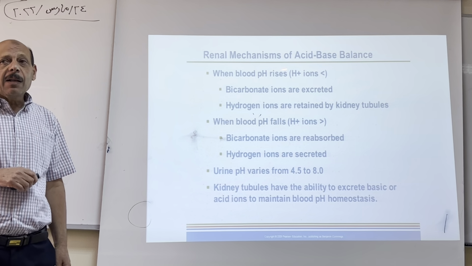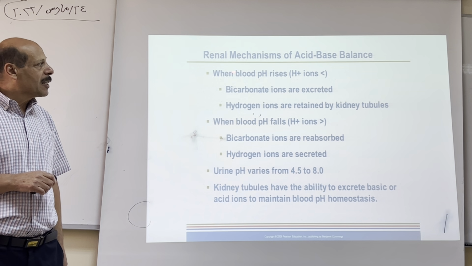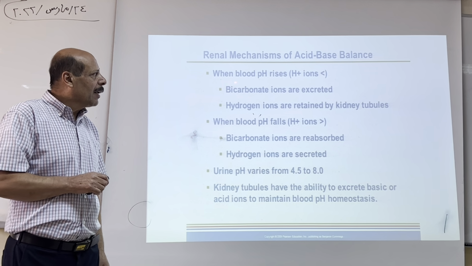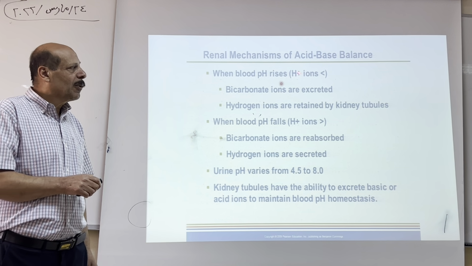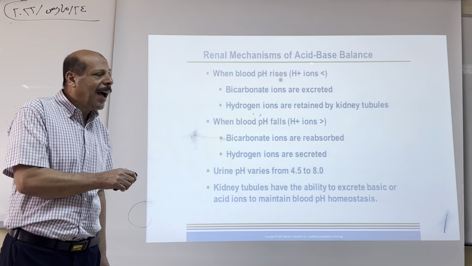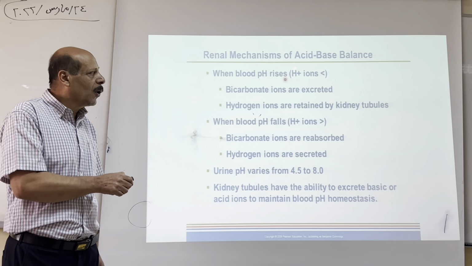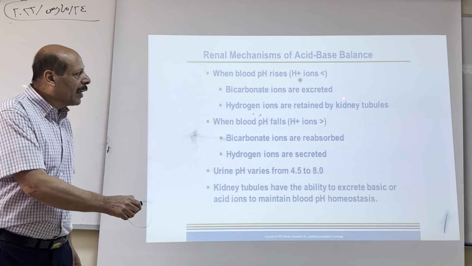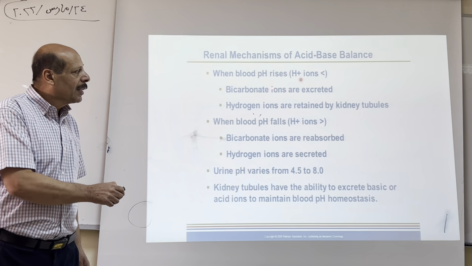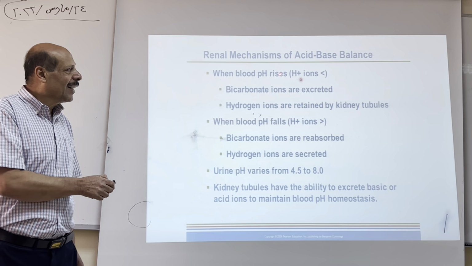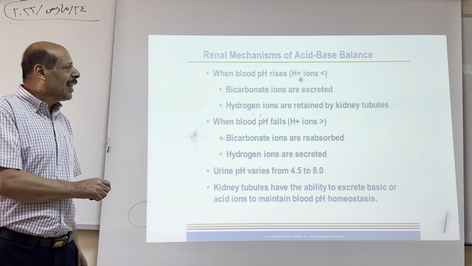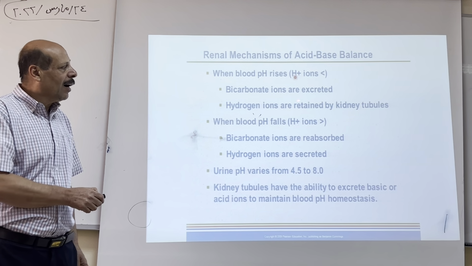So, the renal mechanism of acid-base balance: when the blood pH rises, it means that hydrogen ions are fewer, so the bicarbonate ions are excreted and the hydrogen ions are retained in order to maintain the acidity.